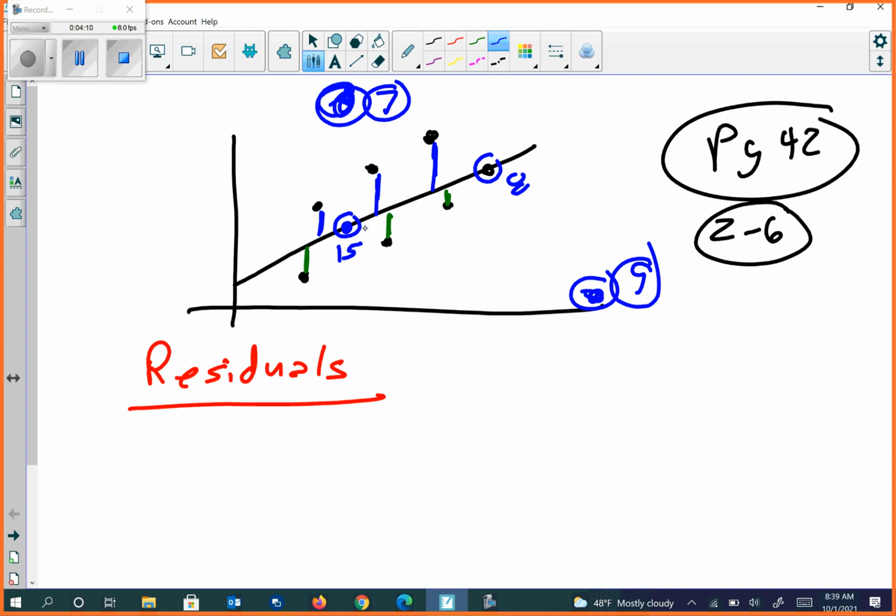In other words, the regression model makes excellent predictions for those specific observations. A residual is the difference between the observed value of the response variable and the predicted. So it's the difference, observed subtracted by predicted.